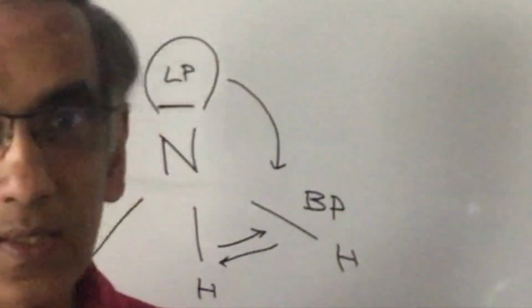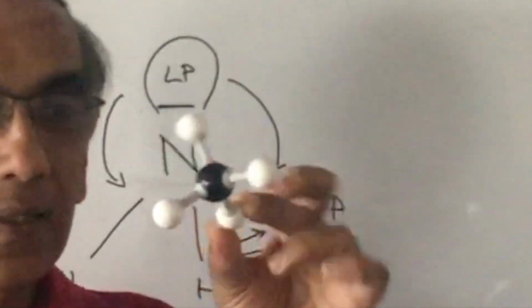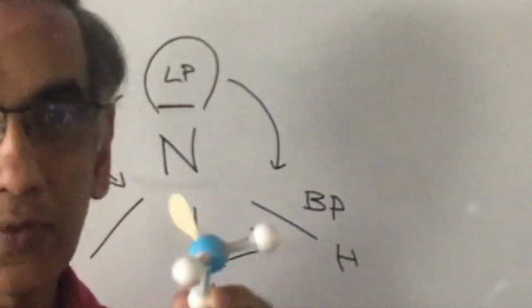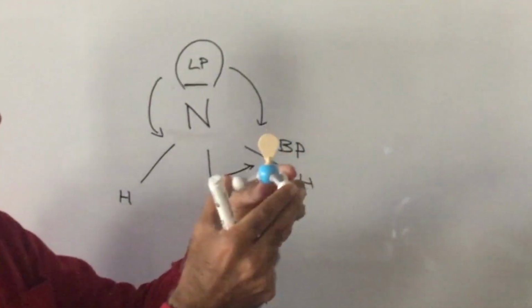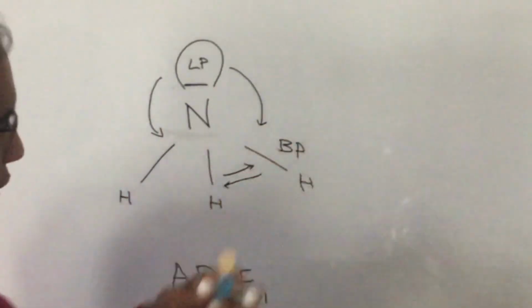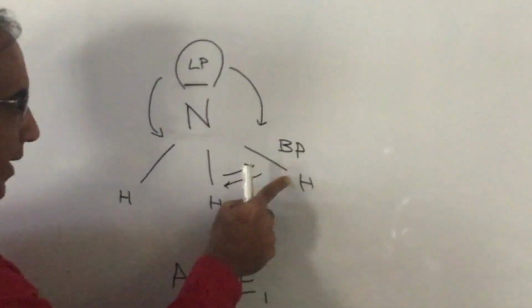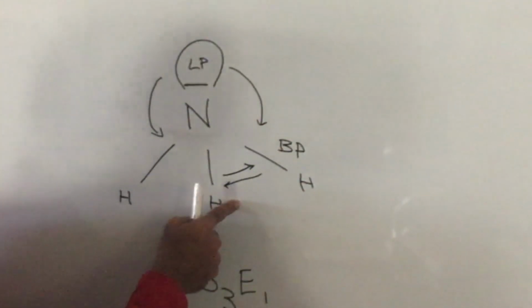So what this does is it distorts a perfect tetrahedron that you would get in the case of methane into a slightly imperfect tetrahedron with the lone pair pushing the bond pair down just that little bit more and the bond pairs not pushing against each other as much. We have a bond angle here that is less than 109.5 of the typical tetrahedron that you would get.